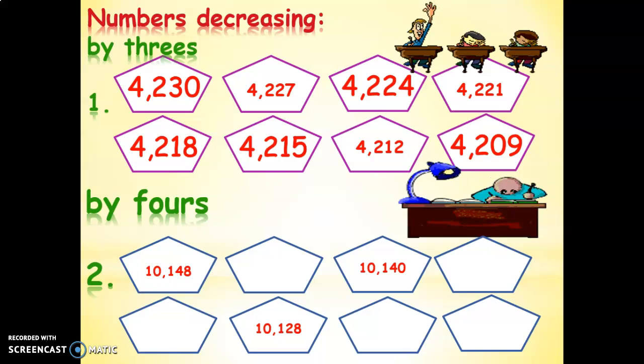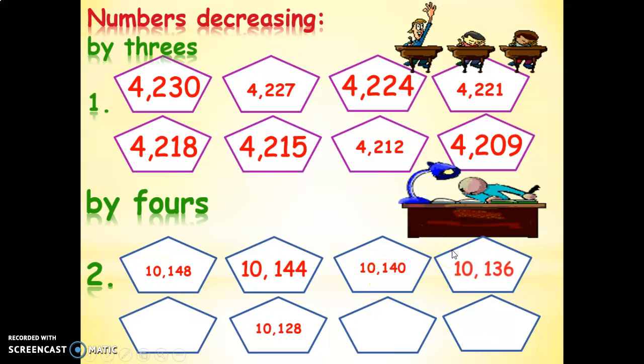So the first number is given. It's 10,148. Decreased by 4s will be 10,144. Remember that to get the answer, you can use minus. So for this example, it's minus 4. This is followed by 10,140.